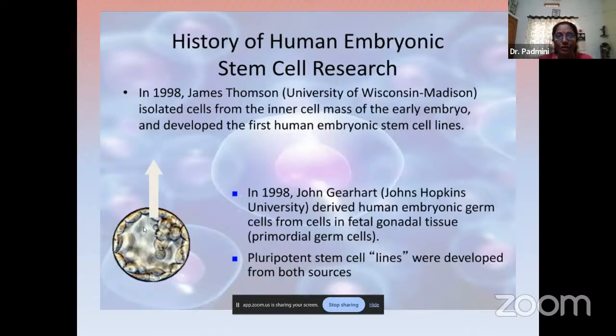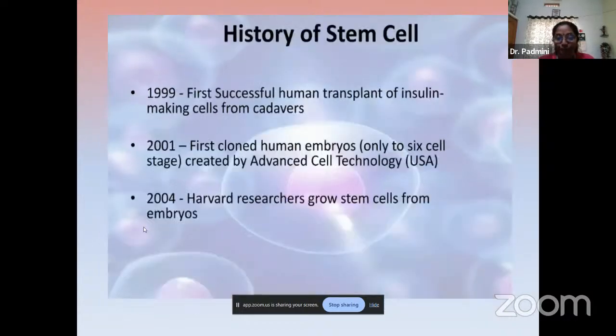The fetus is such a small, tiny living organism that is still growing, and from it they were able to take out the gonadal tissue. Fetal gonadal tissue is where the primordial germ cells come from, which we'll be talking about. Pluripotent stem cell lines were developed from both these sources, the early embryo and the fetal gonadal tissue.